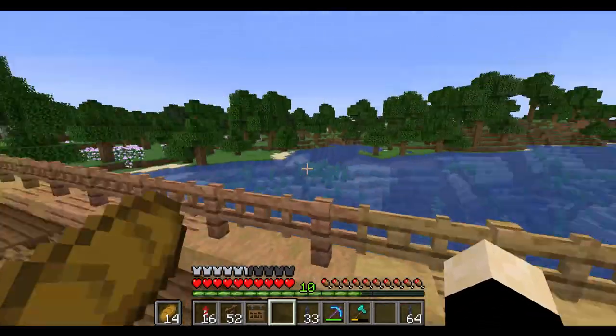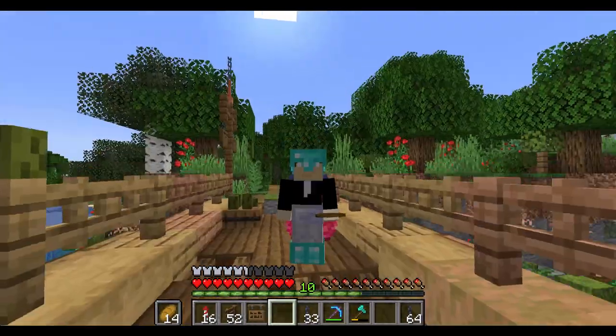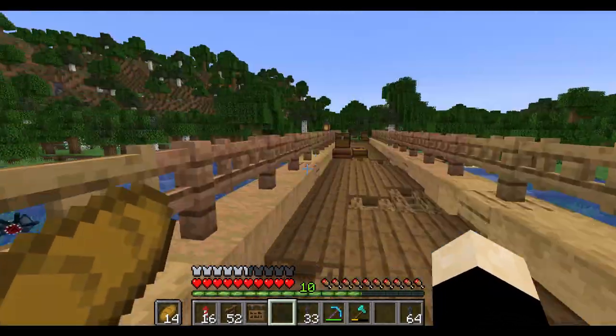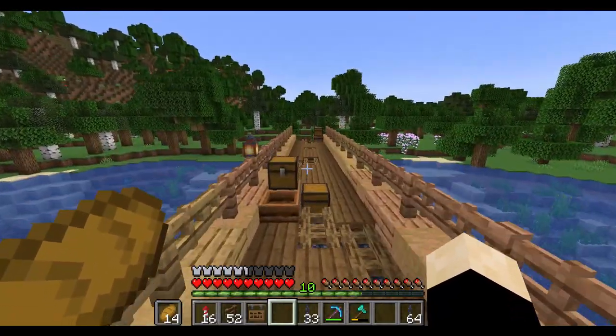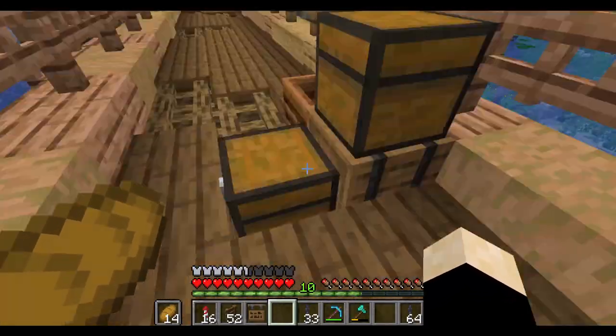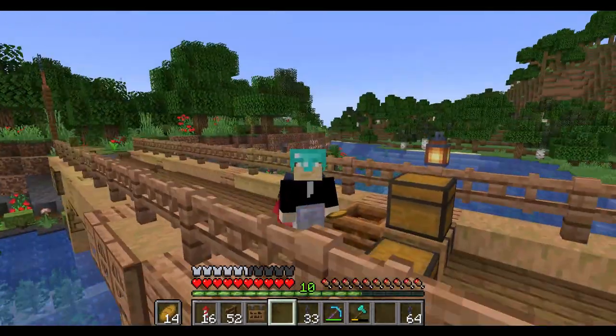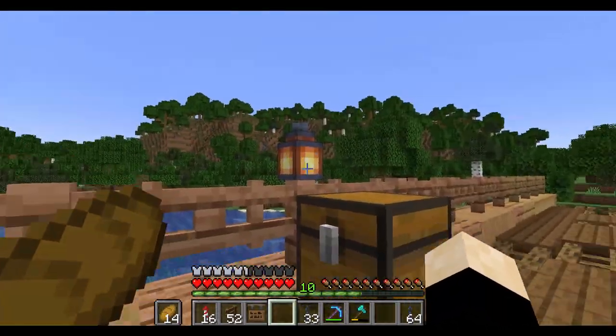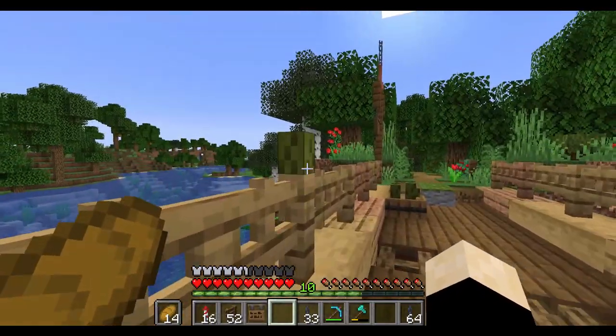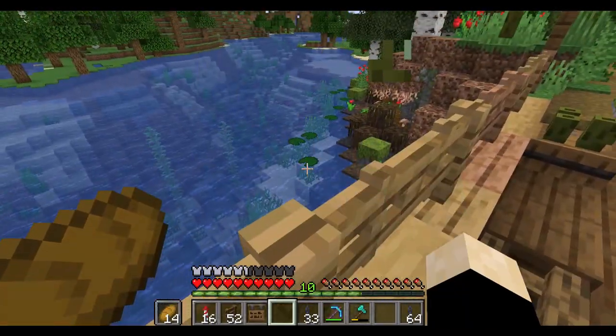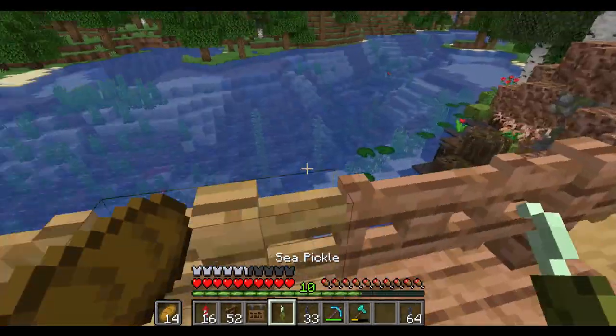Now, first of all, I modified the bridge a little with chests, crates, barrels, the standard rule, and I plonked a few lanterns and... how are they called? Sea pickles.